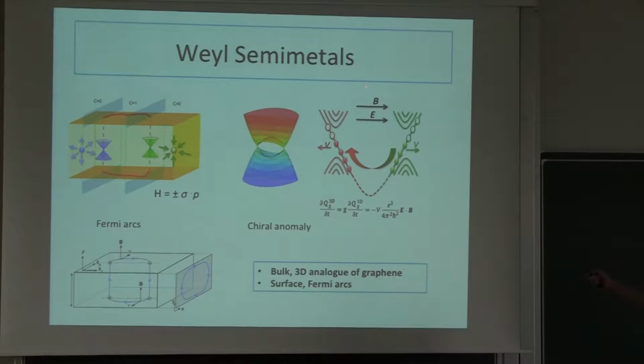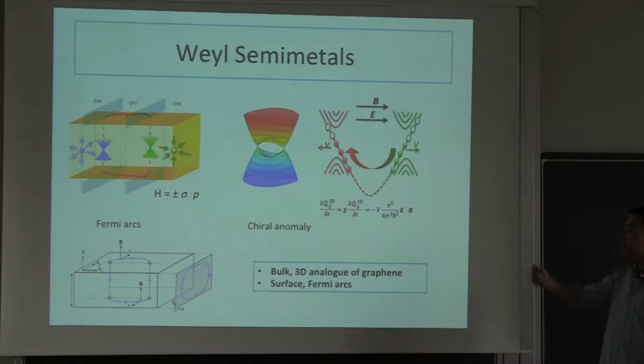Let me just repeat a little more about what is the Weyl semi-metal. As we know, in the bulk band structure, the valence and conduction bands touch at some special point, and this point becomes the singularity point of the Berry curvature. Actually it's like a monopole of that magnetic field.